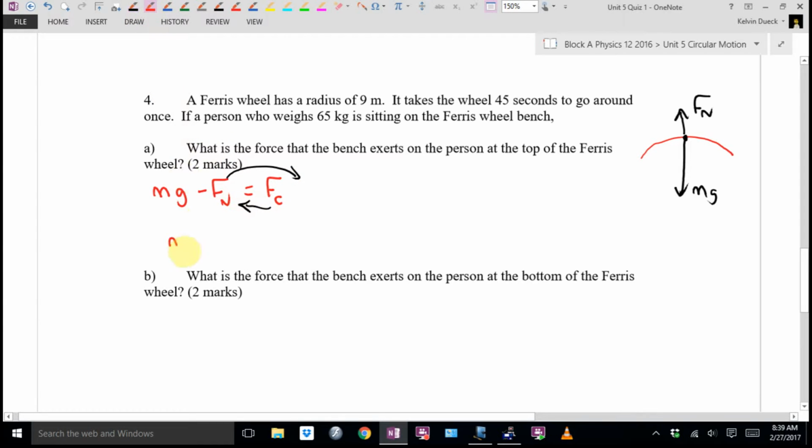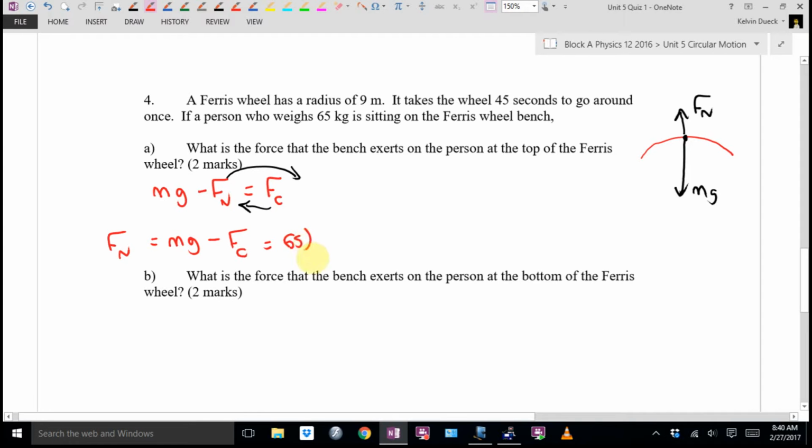So we're going to have mg minus fc. That's what equals the normal force. They're going to feel slightly lighter. I doubt there's going to be much of a difference because 45 seconds to go around once. Okay, well, this is a pretty tame Ferris wheel. I don't think you're going to be going, ah! I think you're going to be just enjoying the sights at the top and looking around and saying, oh, nice view, right?